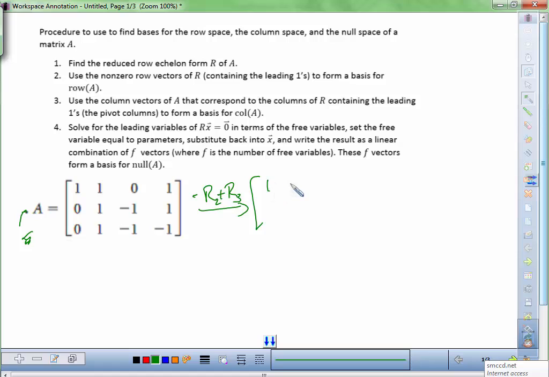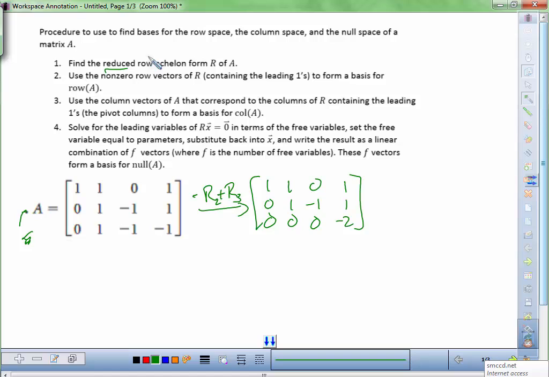The first row stays the same. Second row stays the same. And then the third row becomes 0, 0, 0, and then -2. So we're kind of done, I suppose.